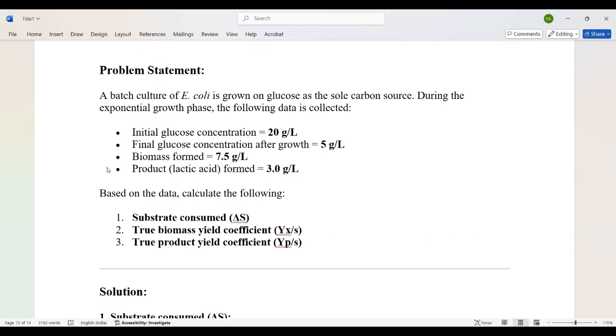So there is much more to give you all, but as this is a very short intro to bioprocess engineering, let us consider solving two problems.